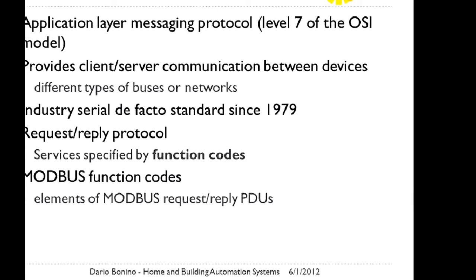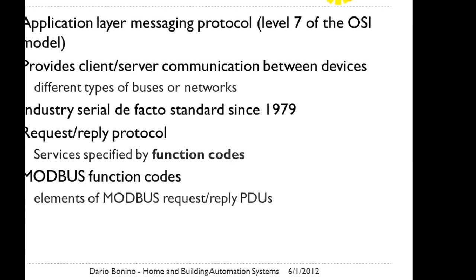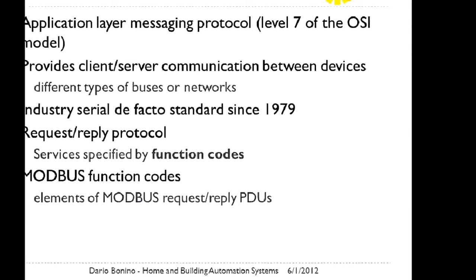It starts with the OSI layer representation, and it locates at level 7, which is application, the top level. It is designed for working on different bus technologies, and it's old. It was first designed in 1979. It's really old.